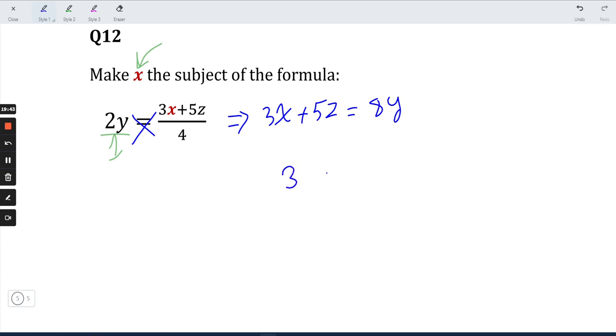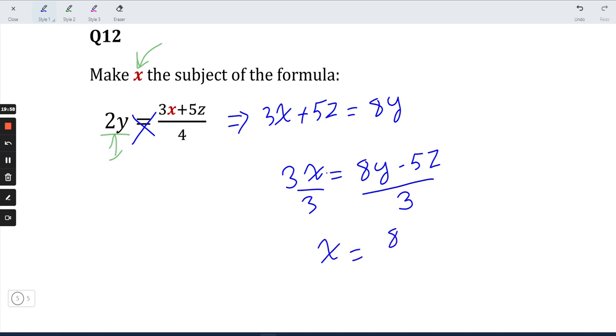Now 3x equals 8y minus 5z. Divide both sides by 3. You will get x equals 8y minus 5z over 3.